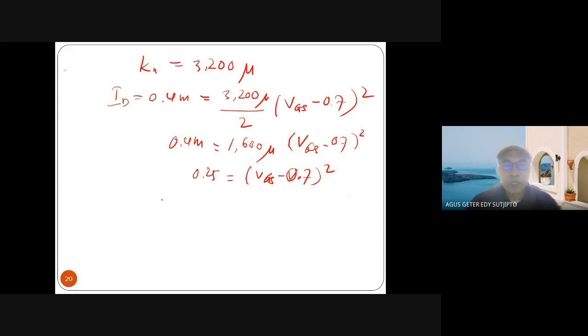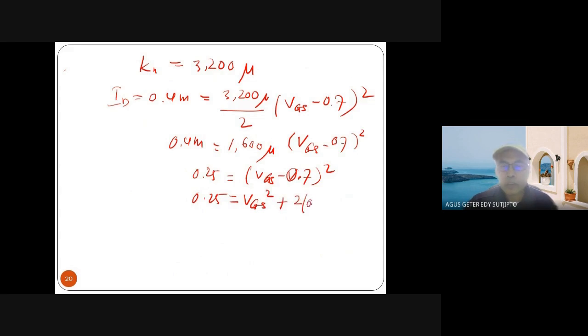Simply, we have 0.25 equals (VGS minus VT) squared, where VT is 0.7.